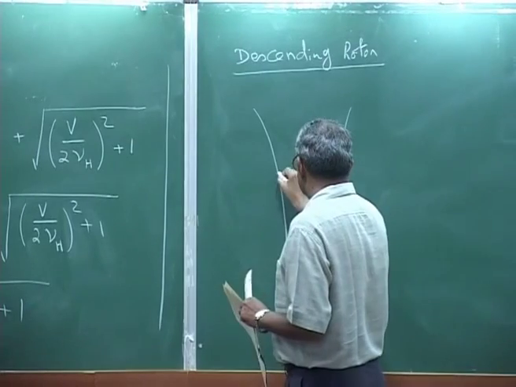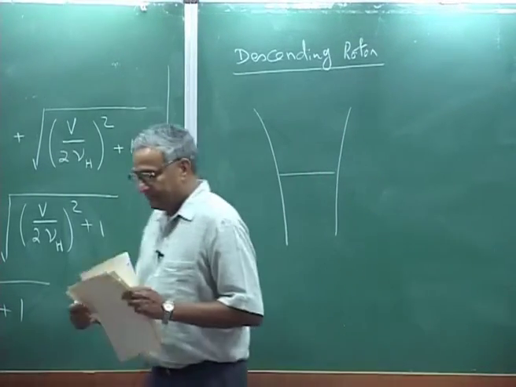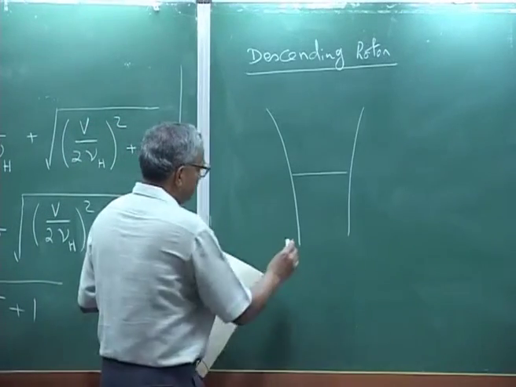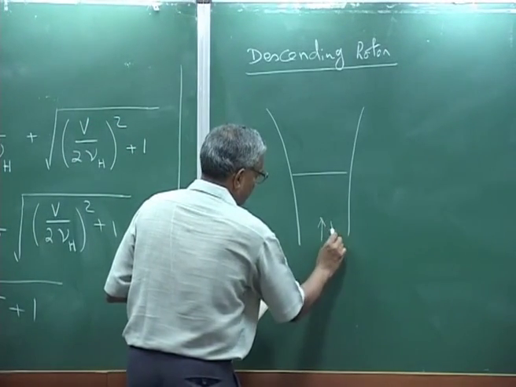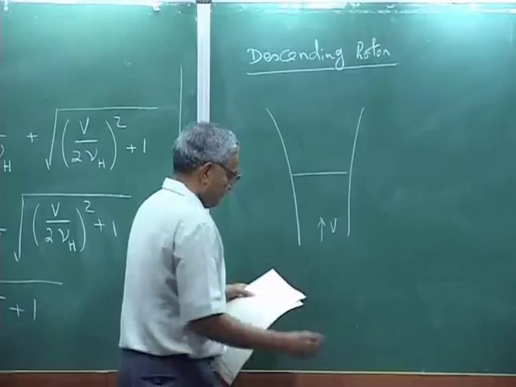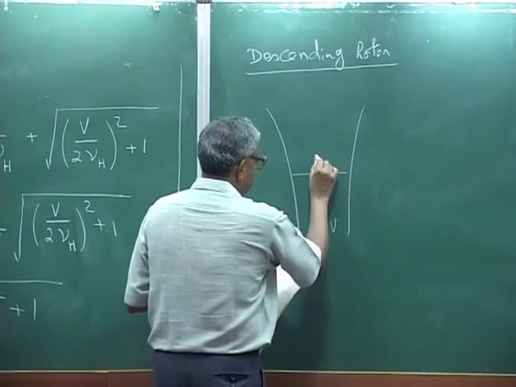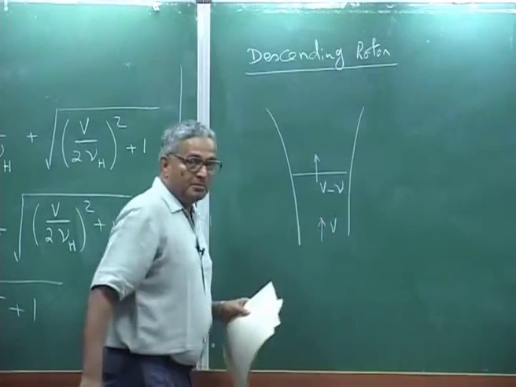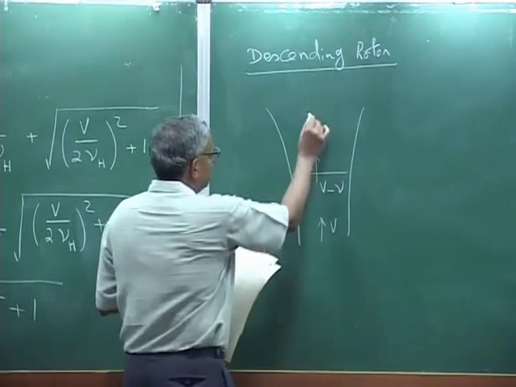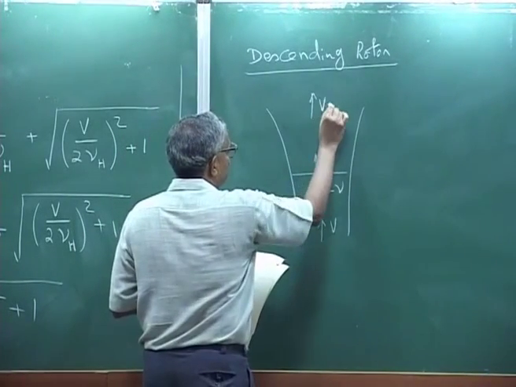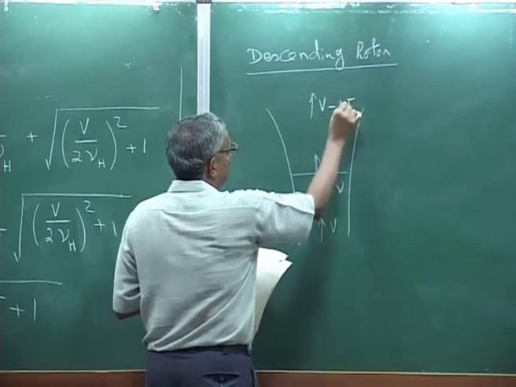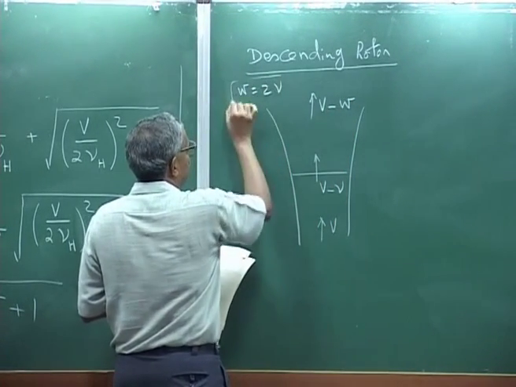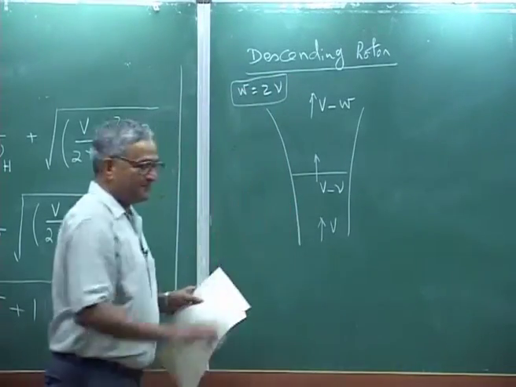We put the direction of velocity up, and here we said V minus nu, and we made it V minus W. Again W is 2 nu, even in this case.